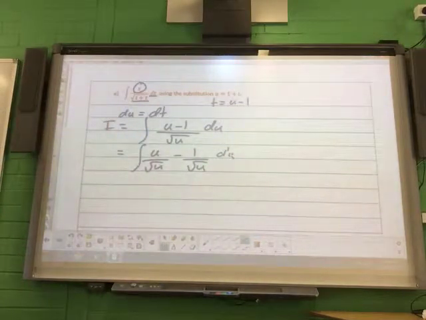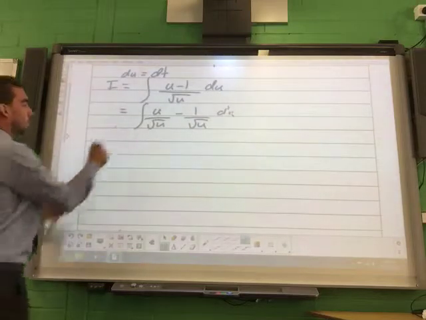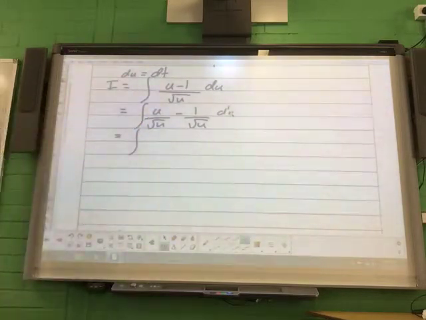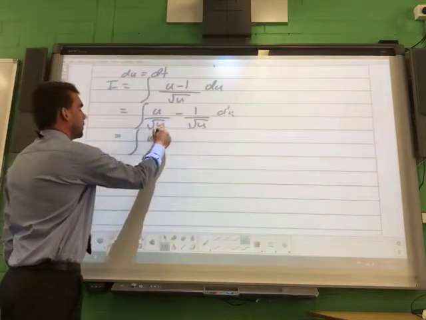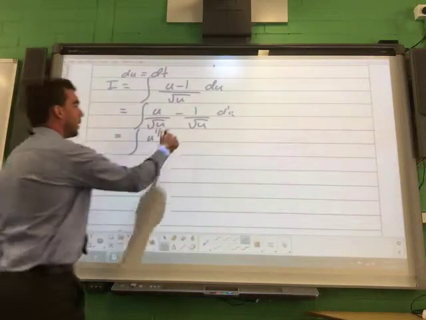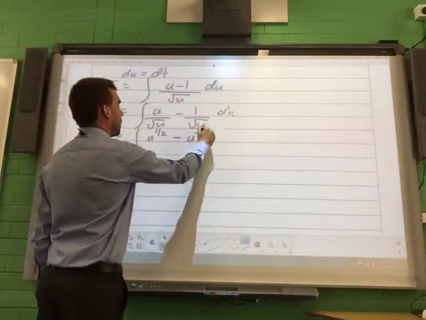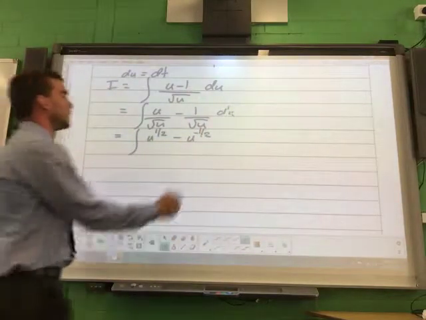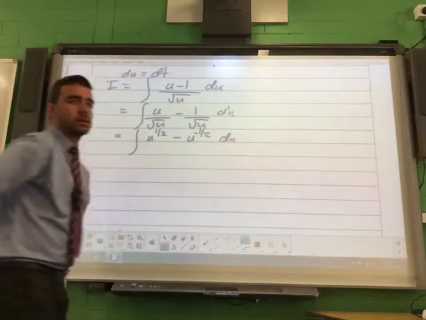Split up your fraction so that you can do each part. So u to the power 1 divided by the square root. You've got a division, so do a subtraction of your powers. 1 take away a half, half. And then your index law becomes u to the power of negative a half. Right, so now I can integrate.